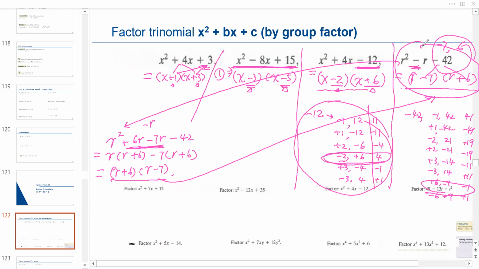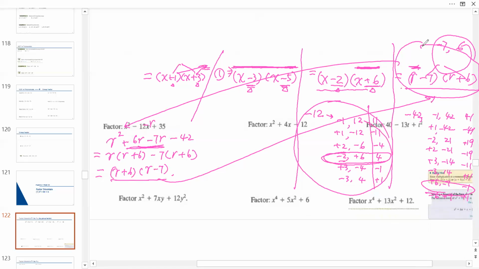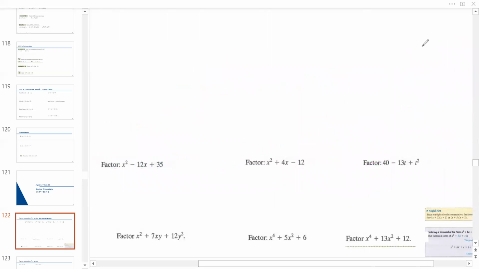All right, let's do a little bit further. Let me clean the screen. All right, can we do this one? So first we need to organize them, right?